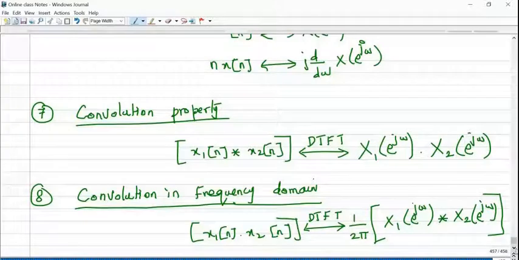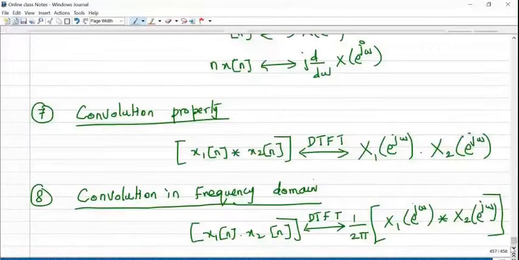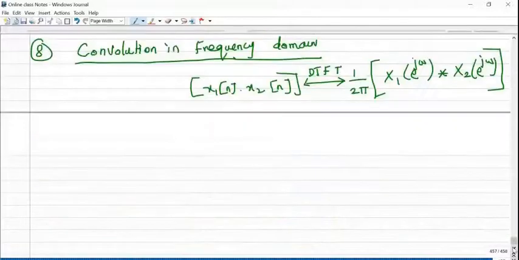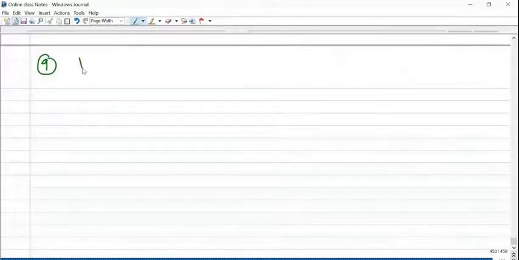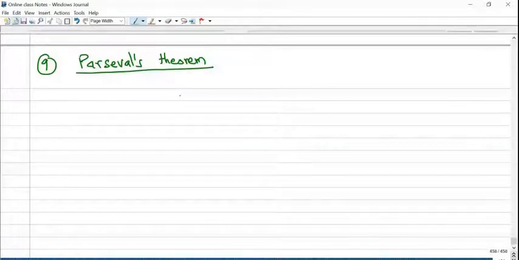So convolution property and multiplication property are important, remaining not required that much. And the very important property at last, Parseval's theorem, which is applicable for all the mathematical tools.